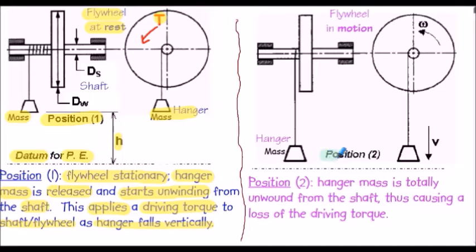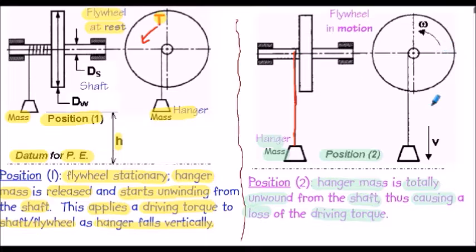Considering position 2 now, here the hanger mass is totally unwound from the shaft. So the string here is at the extent of its length, and the hanger mass is about to fall to the floor. As the string of the hanger mass totally unwinds from the shaft, this causes a loss of the driving torque.